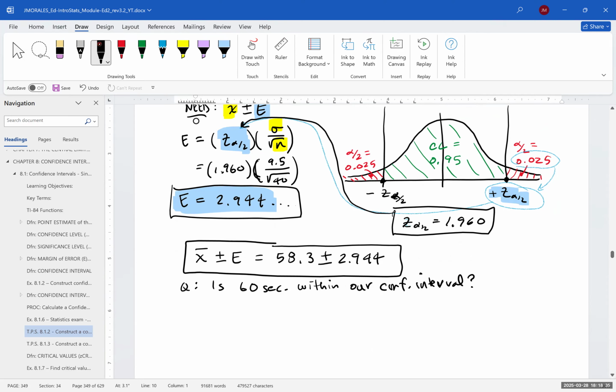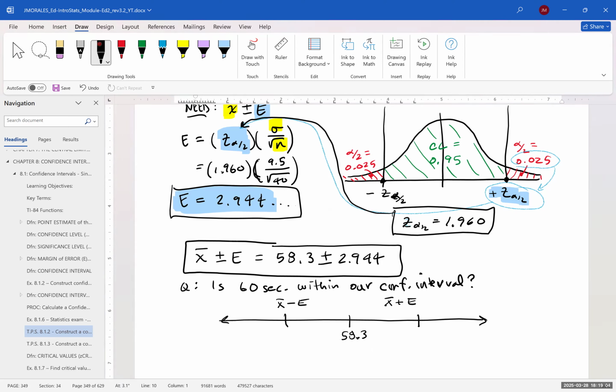Okay, so what we need to do is construct this now on a number line, and we want to know what the upper bound is and what the lower bound is. Well, the upper bound is going to be the mean plus error, and the lower bound is going to be the mean minus error.